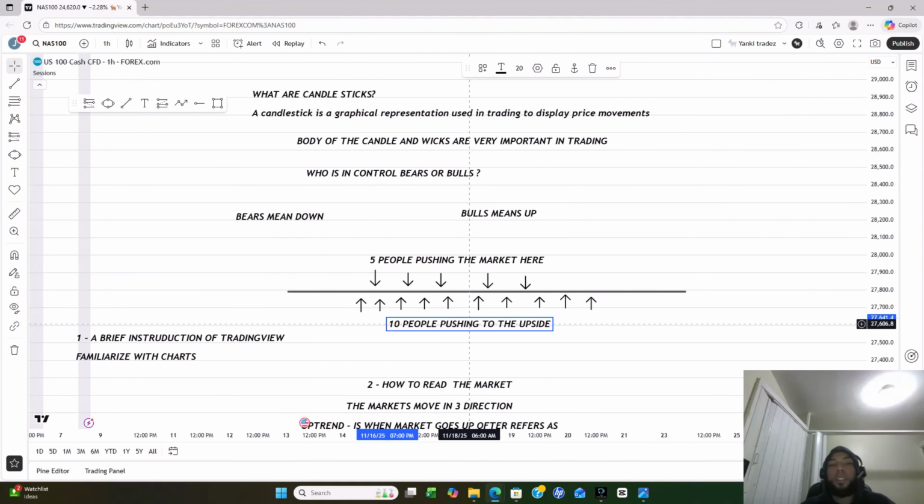The 5 people or the 10 people? It's common sense, self-explanatory. The one pushing the market up is the one that is gonna win, of course.